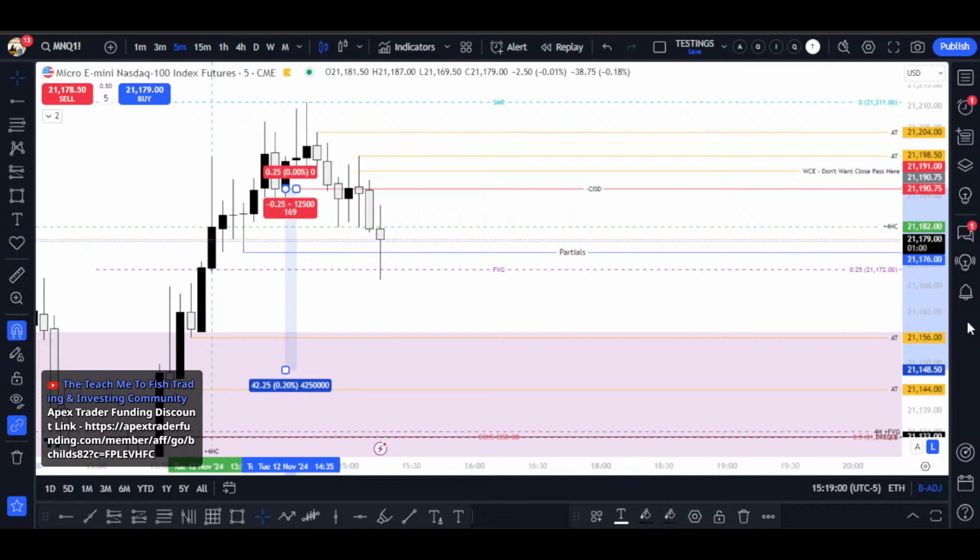And that's again only if the market maker sell model wants to play out.